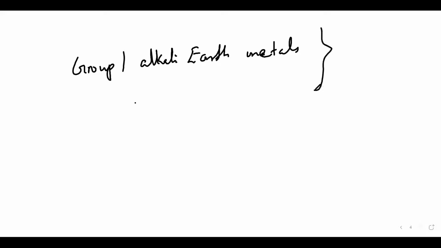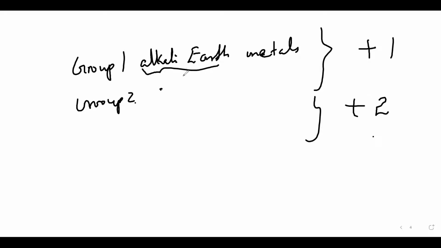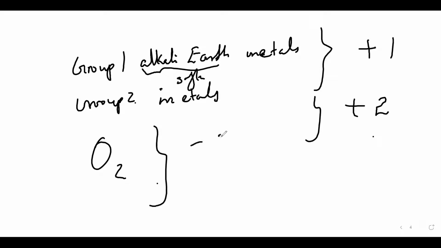We can clearly say that the oxidation number is +1. Group 2 metals, +2. Group 2 metals are harder compared to group 1. What about oxygen? Very important. Oxygen is -2, correct? Hydrogen is +1, correct?